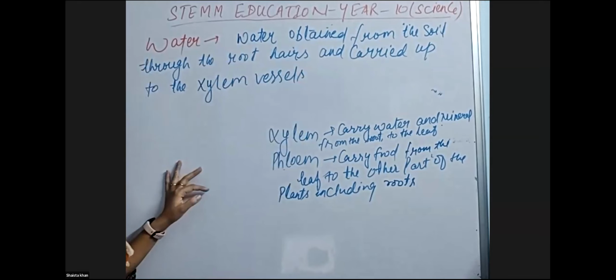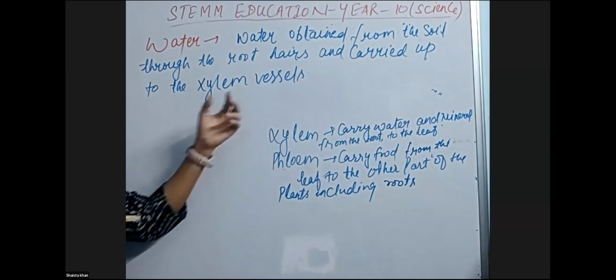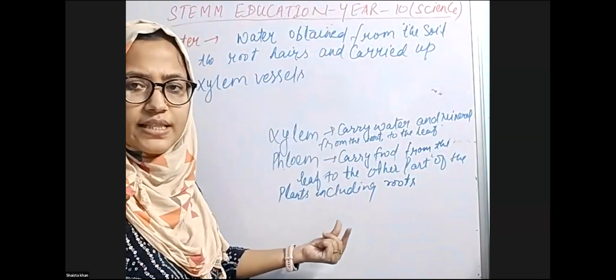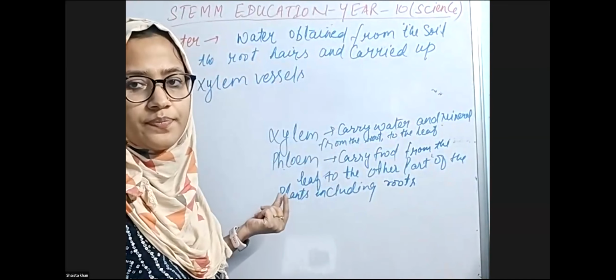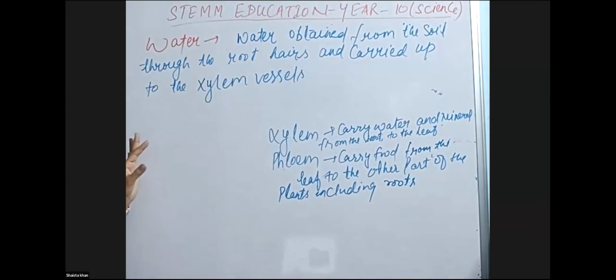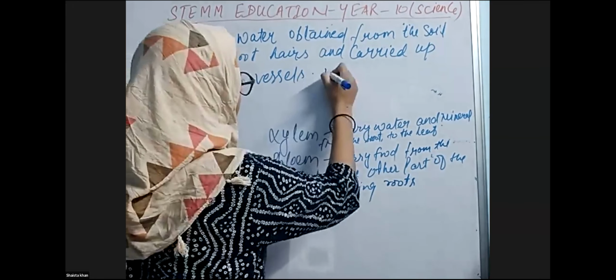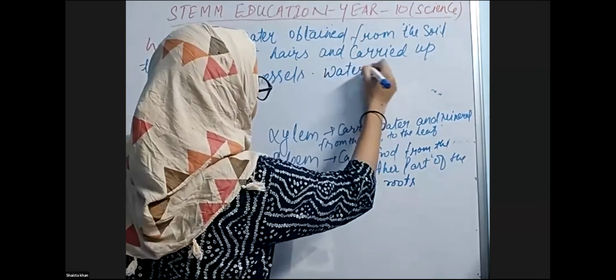Where are xylem vessels present? In the stem, like tube-like structures.